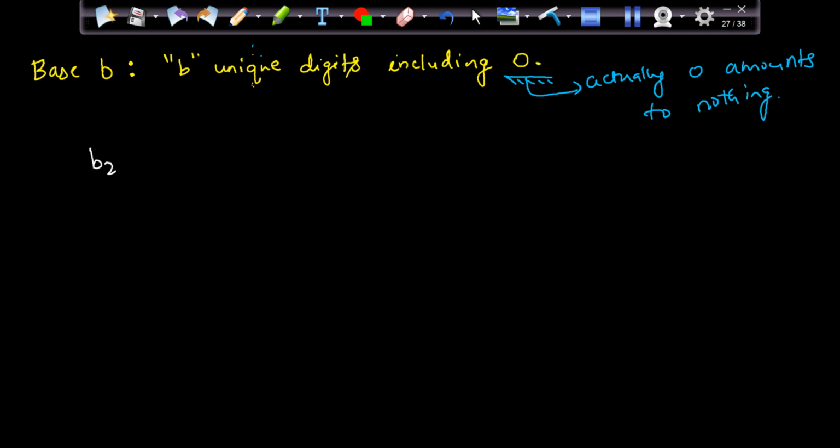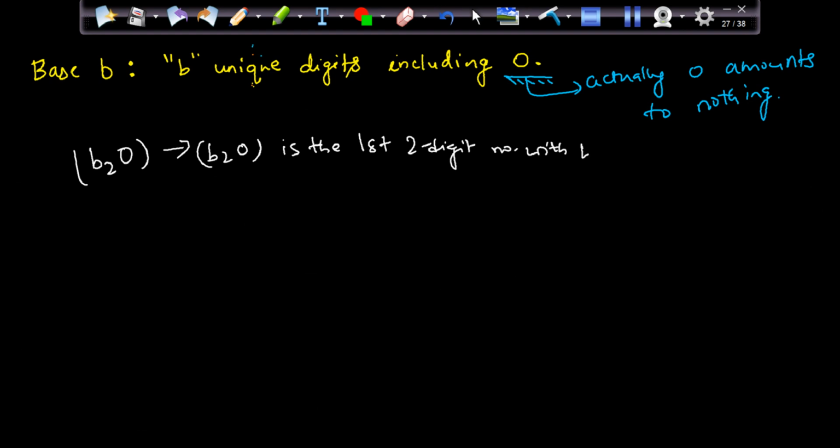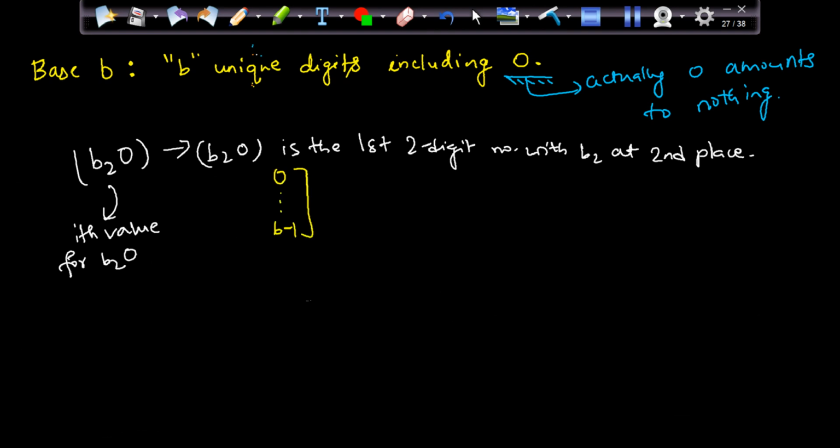Consider b2 0. It is the first two-digit number with b2 at the second place. Find out the ith value for b2 0.